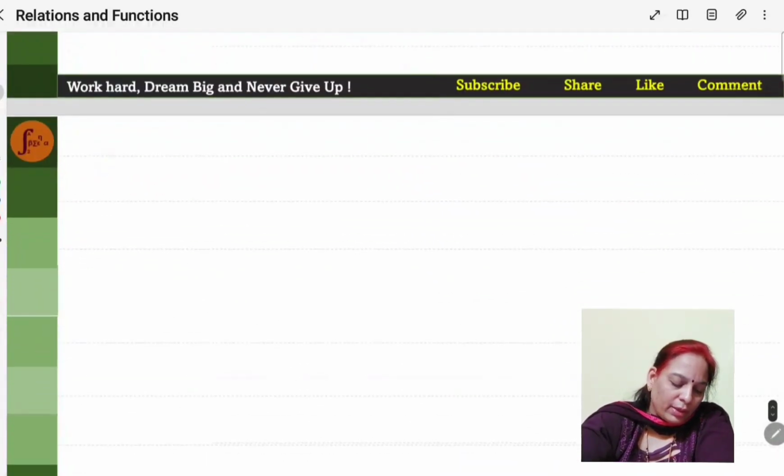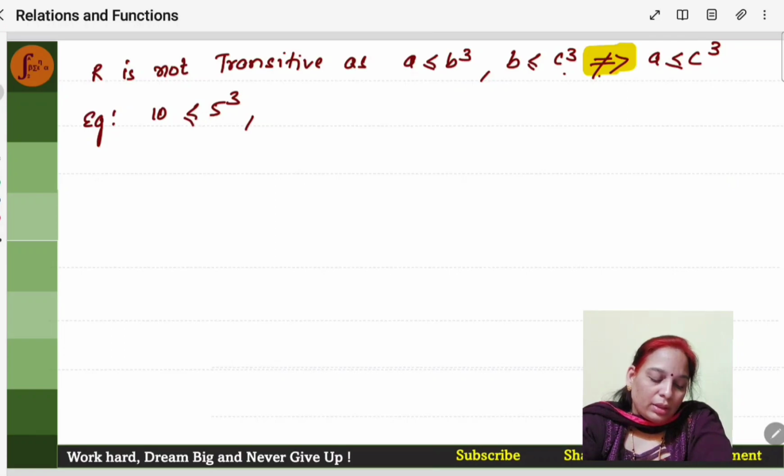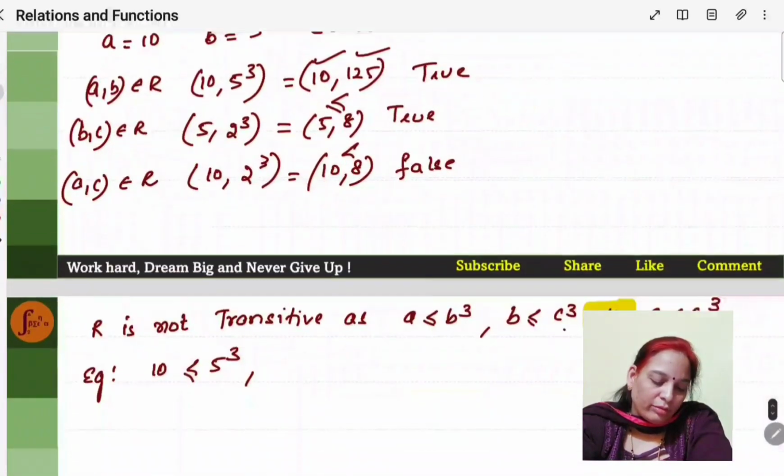So we'll say it is not transitive. We can say R is not transitive as A less than or equal to B cube and B less than or equal to C cube does not imply that A is less than or equal to C cube. Example, we'll take the same example, 10, 5, 2.